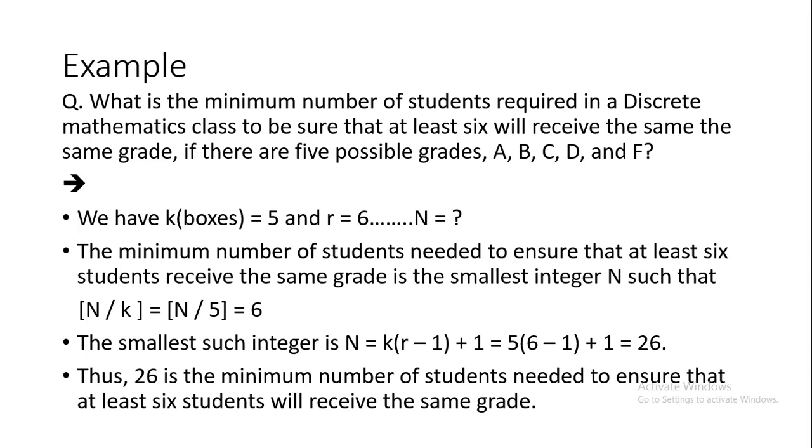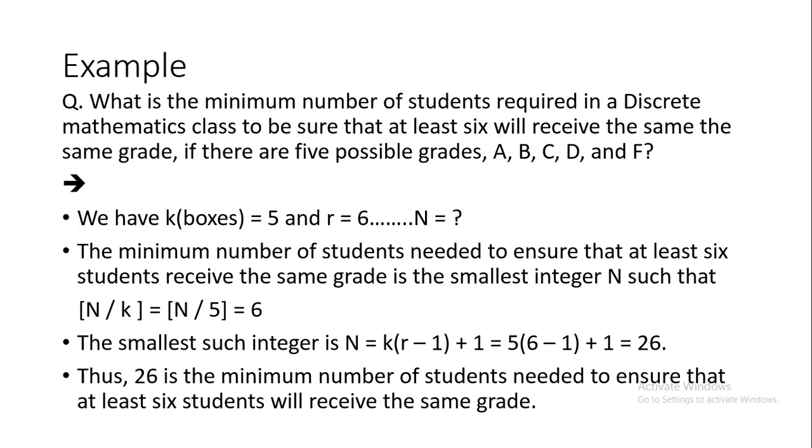The minimum number of students needed to ensure that at least 6 students receive the same grade is the smallest integer n such that n divided by k, that is n divided by 5, is equal to 6. So we have to find the smallest such integer.